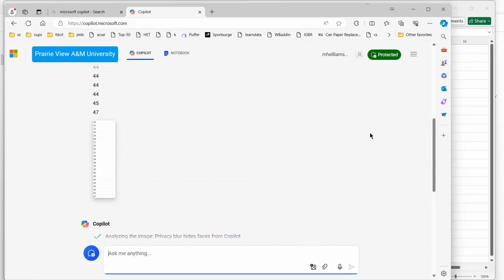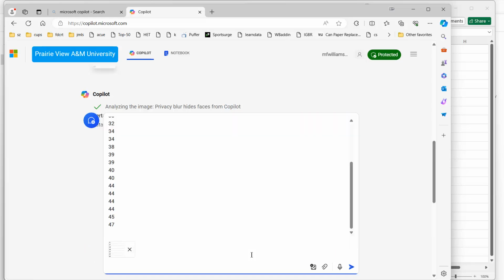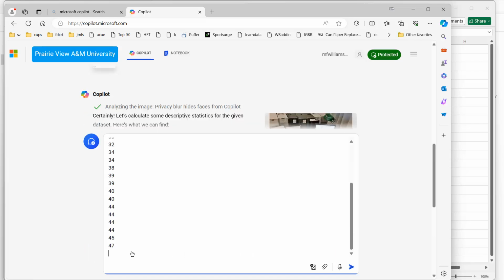There's only 23. Yeah, I don't want it to look at, I think it's looking at a picture. Let's try again. Please try again. I think it looked at the picture.